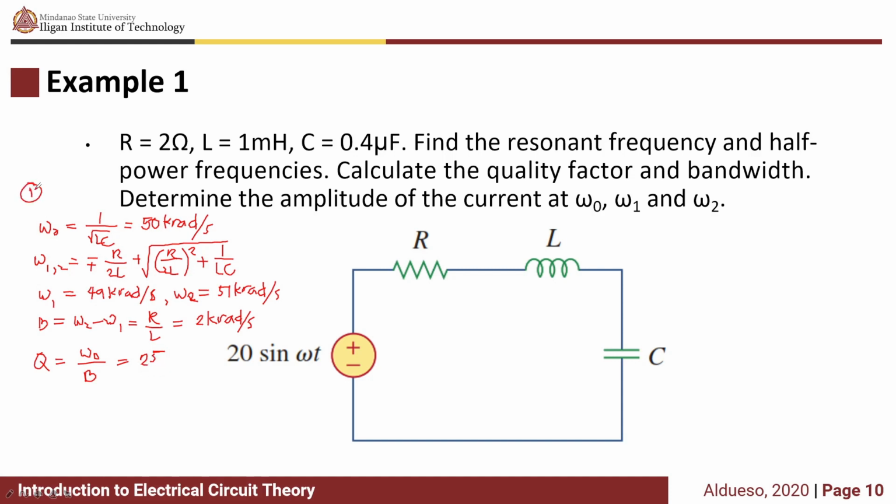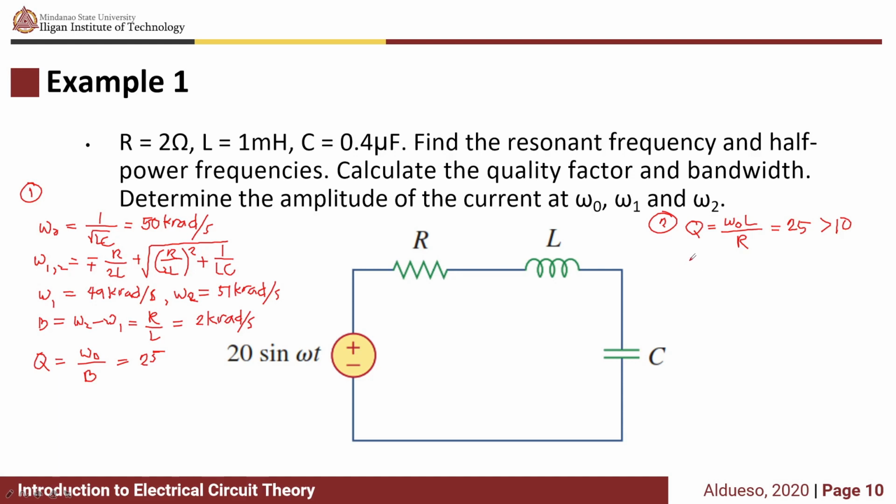For a high Q circuit, we can have another solution. Let's first determine if the circuit is a high Q circuit. Q is equal to omega naught L over R. We have solved Q to be 25, and 25 is greater than 10, so we have a high Q circuit.